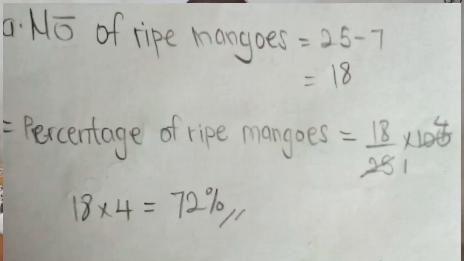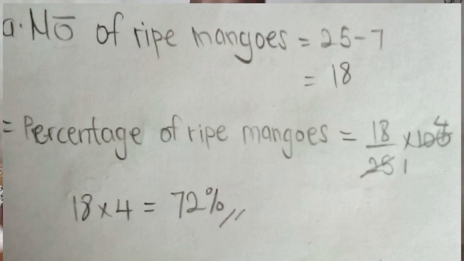So first, she bought 25 mangoes and 7 were unripe. So now we have to look for the ripe mangoes to work out the percentage. So the ripe mangoes will be equal to our 25 minus our 7. So the number of ripe mangoes is equal to 18.